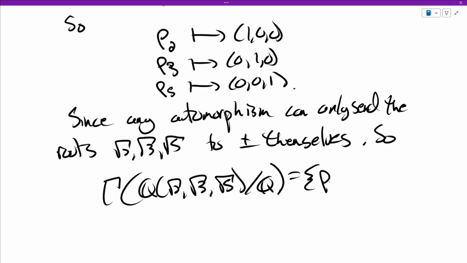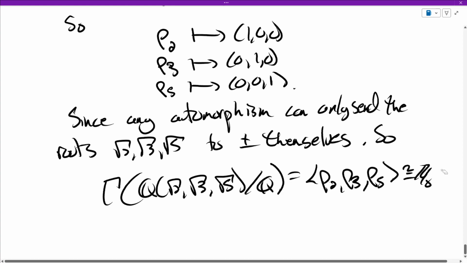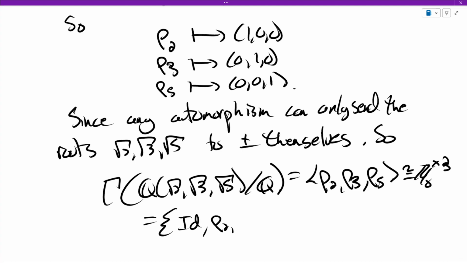It's the group generated by rho 2, rho 3, rho 5, and that's abstractly isomorphic to Z2 cubed. If we wanted to write out all the elements, we get the identity. We get rho 2, rho 3, rho 5.